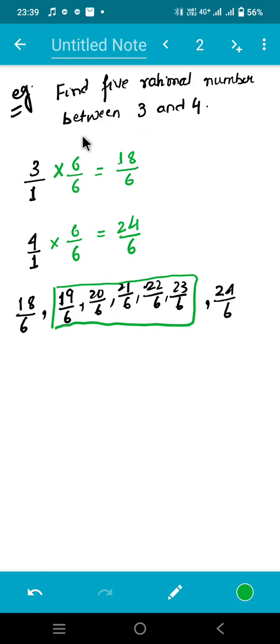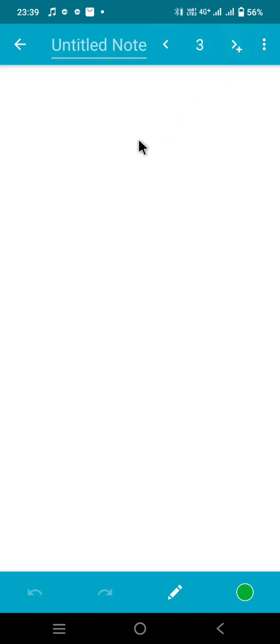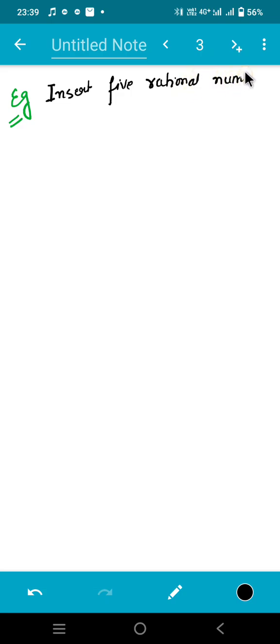Now let's come to the next part of the example. So this is the last part. So what if I say: insert, again I'm asking 5 rational numbers between, suppose, 3 by 5 and 2 by 3.